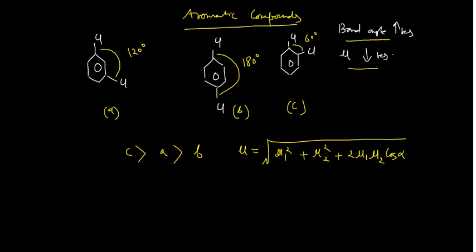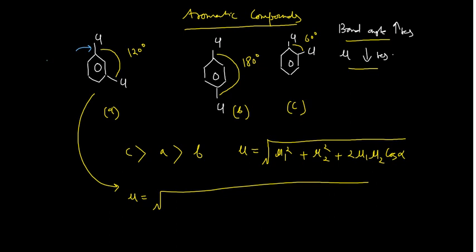Now if you want to calculate the dipole moment of the different species, for this you have to have certain parameters. I am giving you those parameters. This value is negative 1.55 D, and of course this value is also negative 1.55 D.